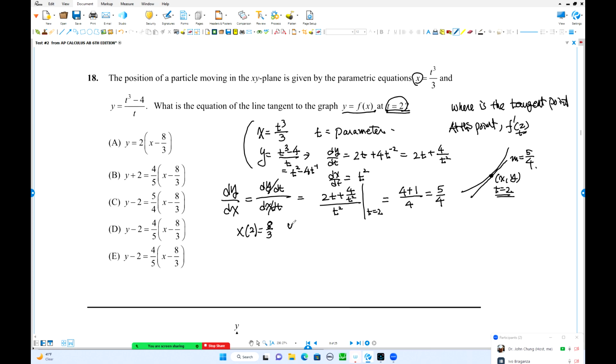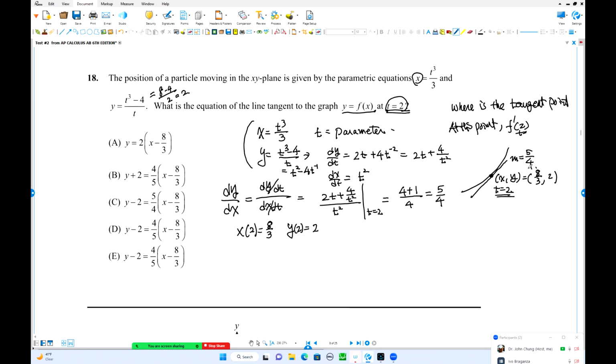What about y? When t is 2, how much? From here, 2 cubed is 8, minus 4 over 2, so 2. That is 2. Okay, that's the point: x equals 8 over 3 and y equals 2.